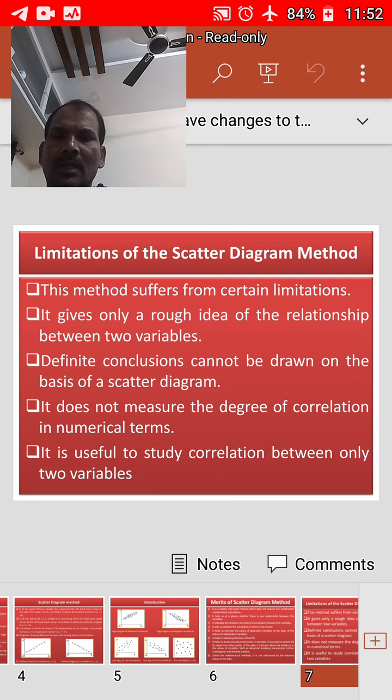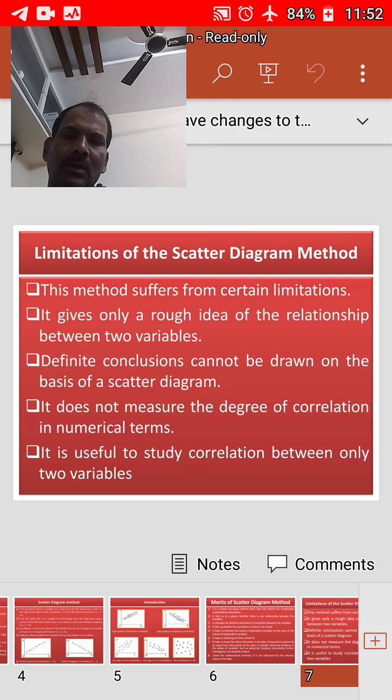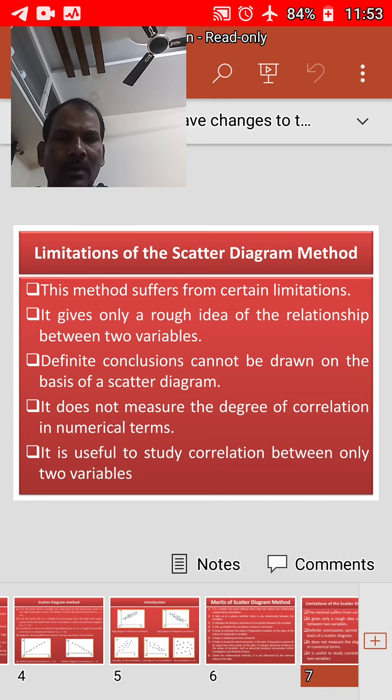And further, it is useful to study the correlation between only two variables. It is not possible to study the correlation between more than two variables. It is restricted to the two variables only, right?